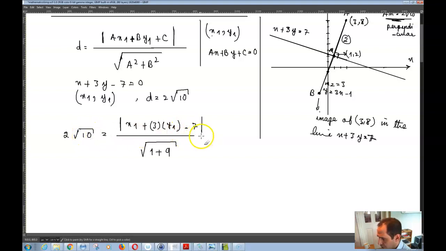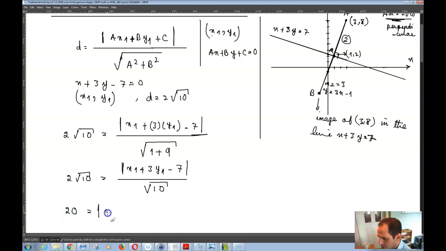So 2 times square root of 10 is equal to the absolute value of x1 plus 3y1 minus 7 over the square root of 10. If you cross multiply, 2 times square root of 10 times square root of 10 is 2 times 10, which is 20, equal to the absolute value of x1 plus 3y1 minus 7.